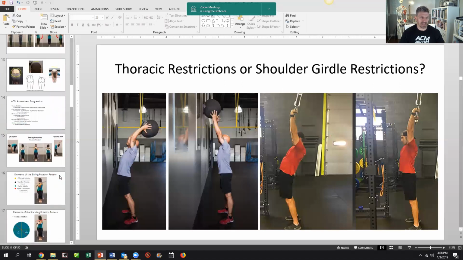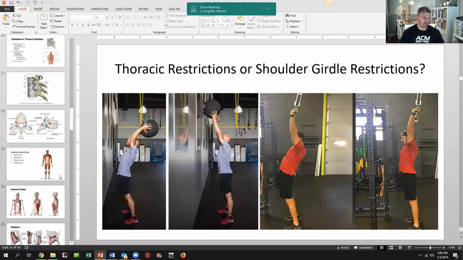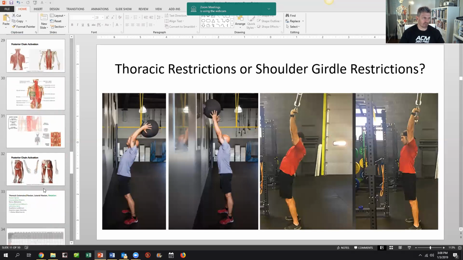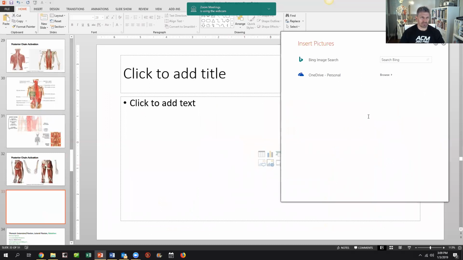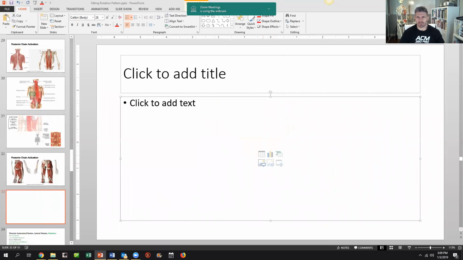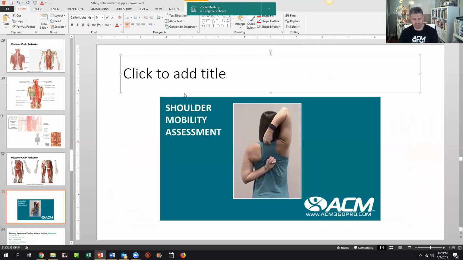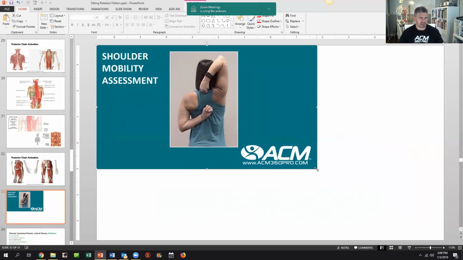One of our ancillary tests to confirm a lot of this is, give me 2 seconds and I'll pop that in here for you, our shoulder mobility assessment, or test. Again, I said there's 3 ancillary tests to the ACM assessment: the single leg toe touching pattern, the single leg backward bend pattern, and then we also do the shoulder mobility assessment, which is just an ancillary test.